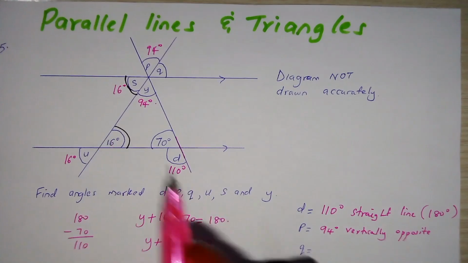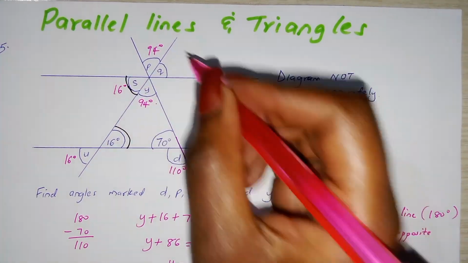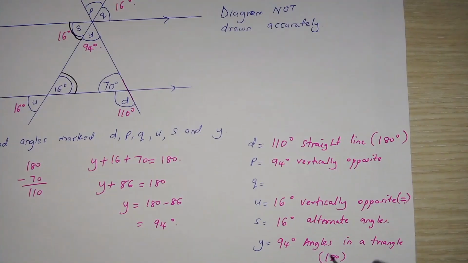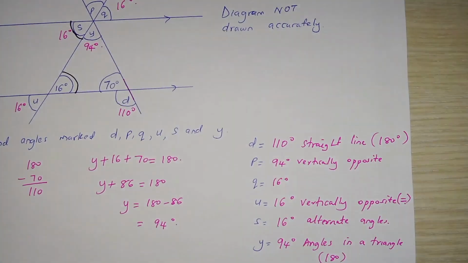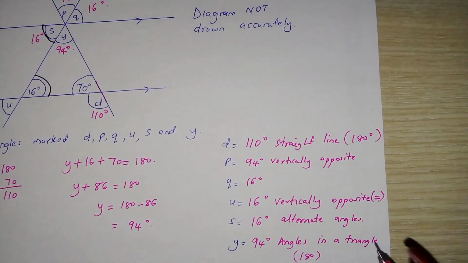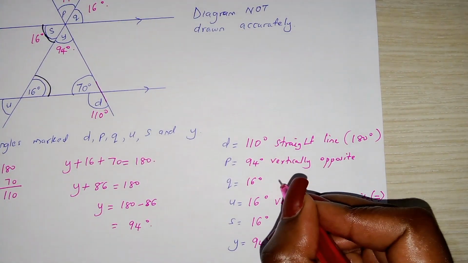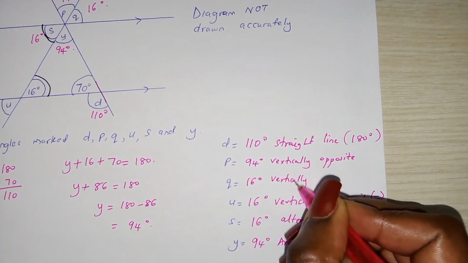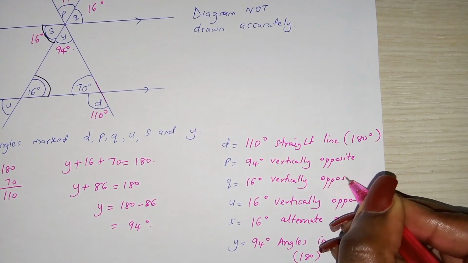And last but not least, Q is vertically opposite, so Q also would be 16 degrees. So Q is 16 degrees. And we can say this one is vertically opposite.